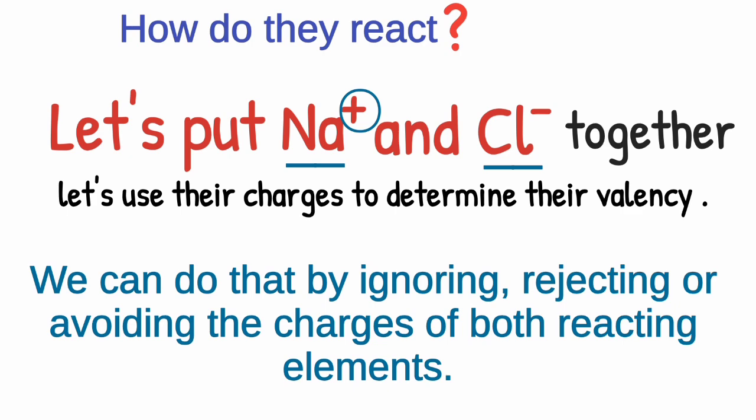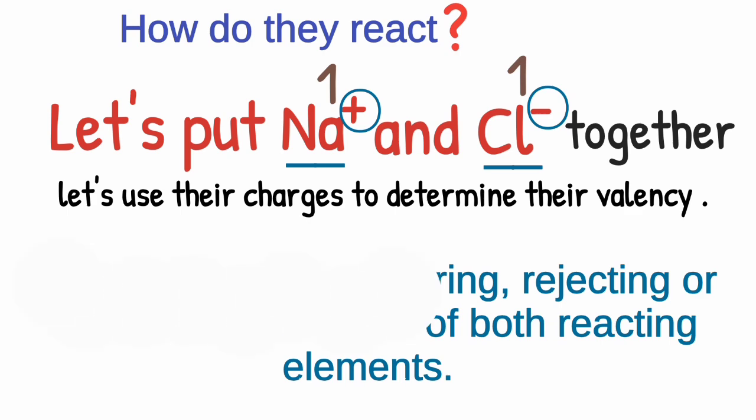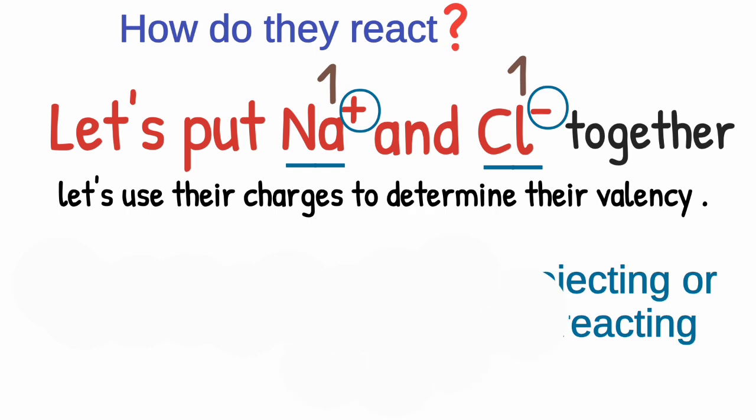They are 1+ and 1-, but sometimes we don't write the 1, we just write the plus or the minus. The valency of sodium is 1, the valency of chlorine is also 1. Valency is the combining power of elements. So, let's clean it and continue with our reaction.